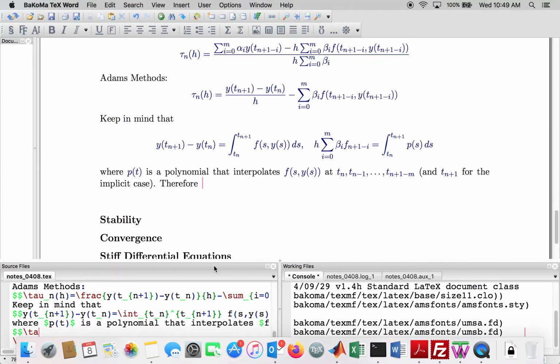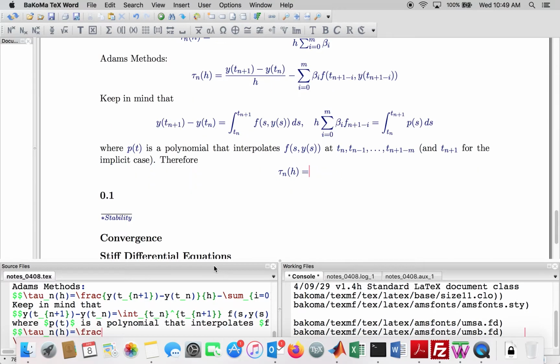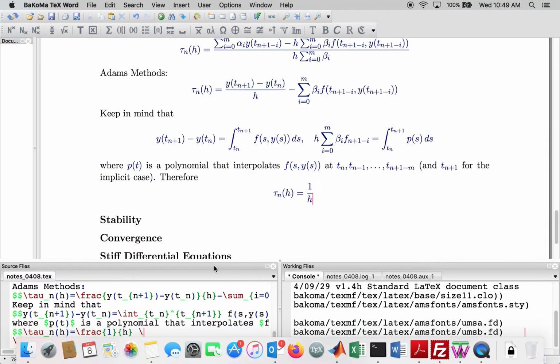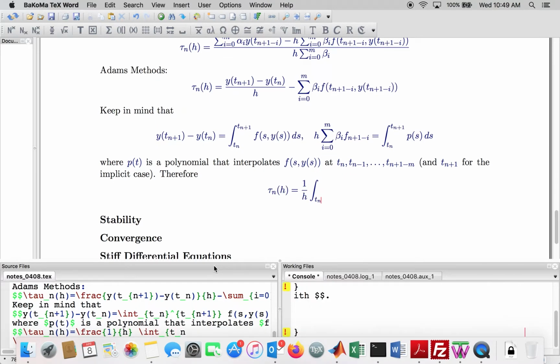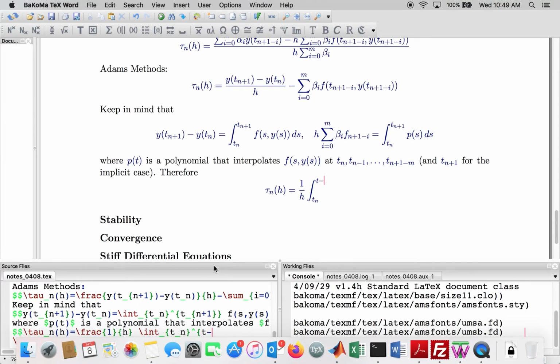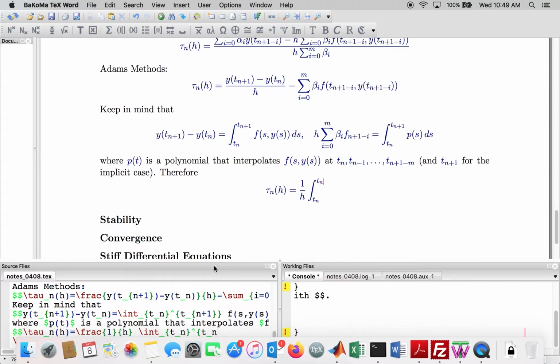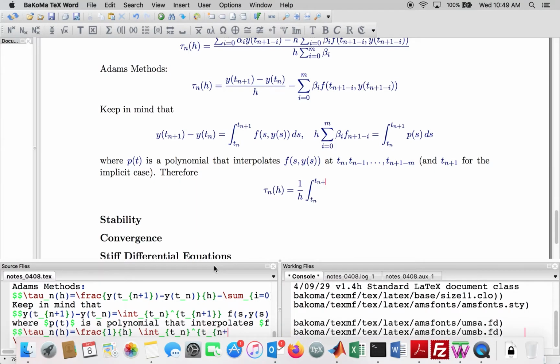So what we have is 1 over h times the error in the interpolating polynomial, and there is a formula for interpolation error.